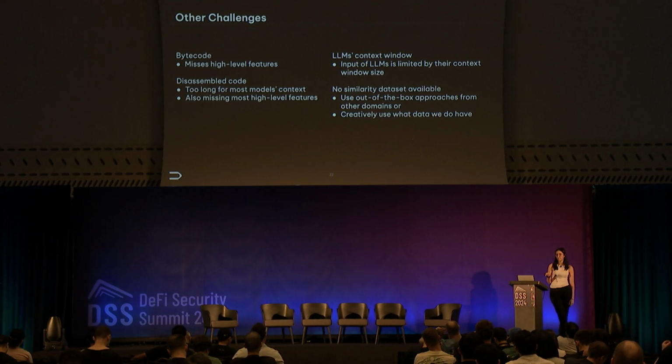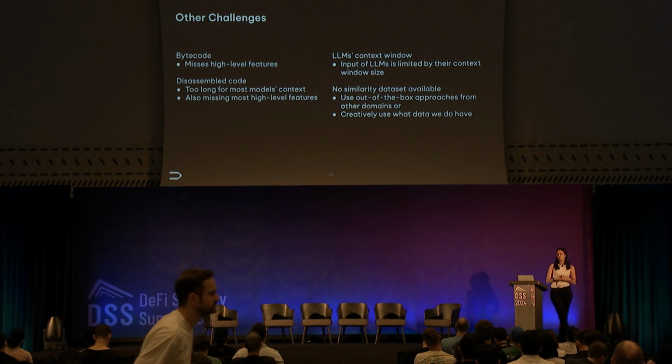Some other challenges are that on-chain data, which is bytecode or its assembly code, is too low level, so it won't have very intricate information about the contract we want to embed. We have to take into account that if we're using LLMs, they have a specified size, so you can't use very big inputs anyway.